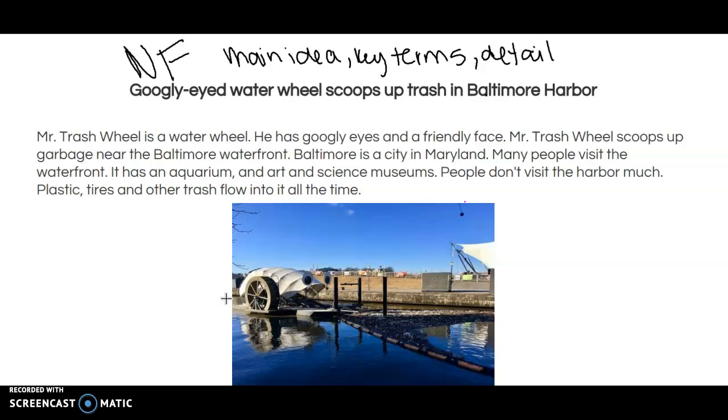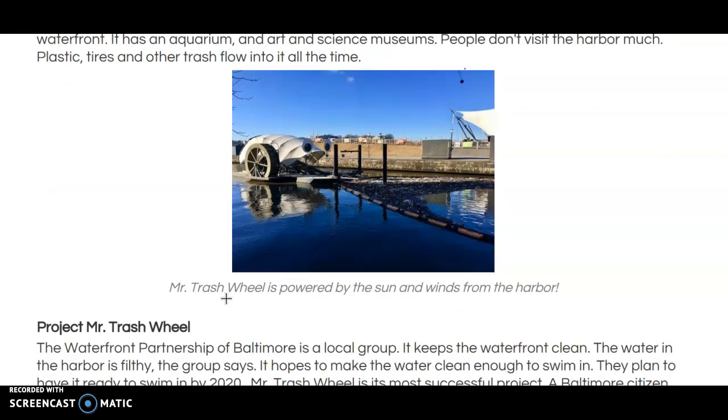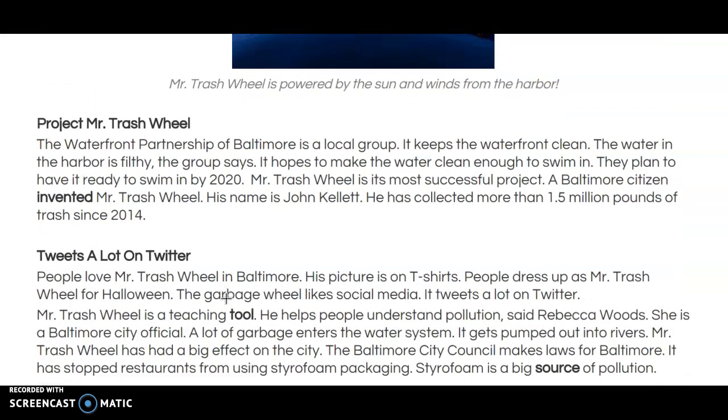All right, the next thing that you're going to do is you're going to number your paragraphs. This is very important because sometimes when you are taking an assessment, the paragraphs are not numbered and they'll ask you to go to paragraph 6 and you have no idea where paragraph 6 is because you didn't number your paragraphs. So it's very important that you number them. So we start with 1, and every number goes with the new paragraph.